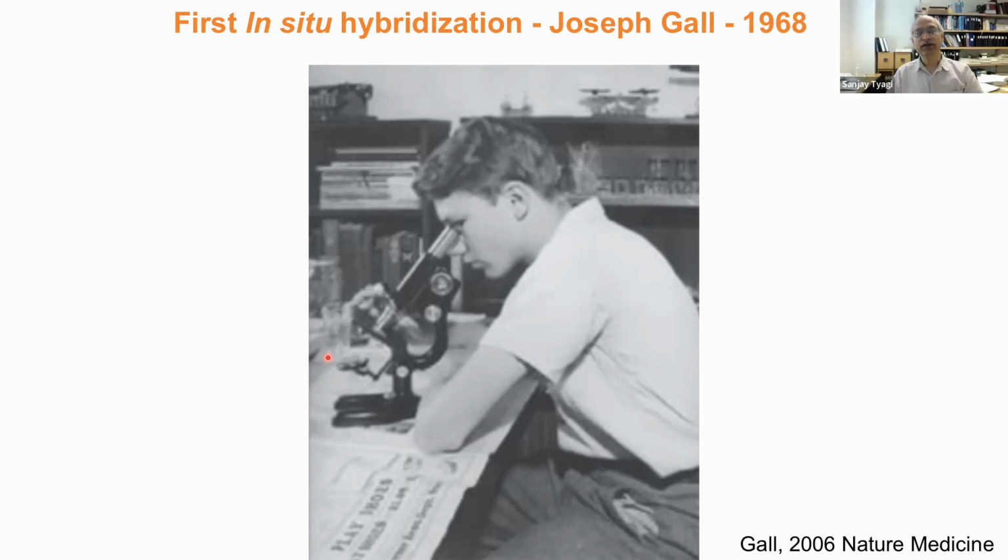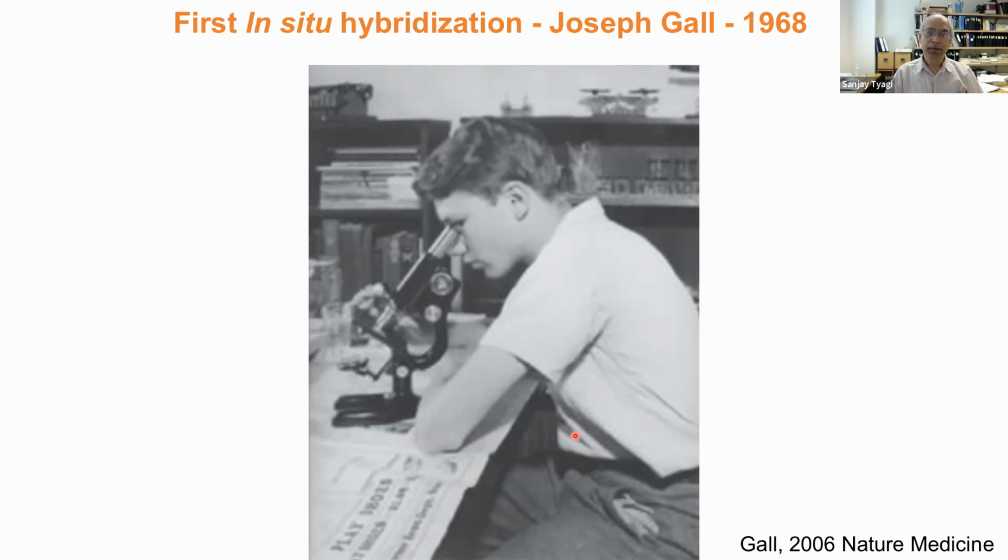And one of the first most important works was done by Joseph Gall in 1968, and this is Joe Gall in his teenage years. Joe Gall is among the top American scientists of the last century, and he has produced 2 Nobel Prize winning students.